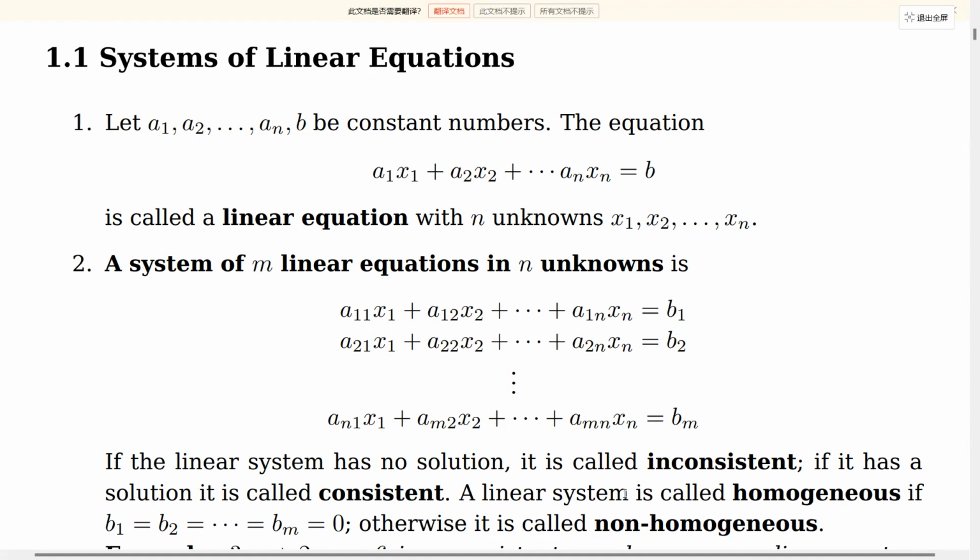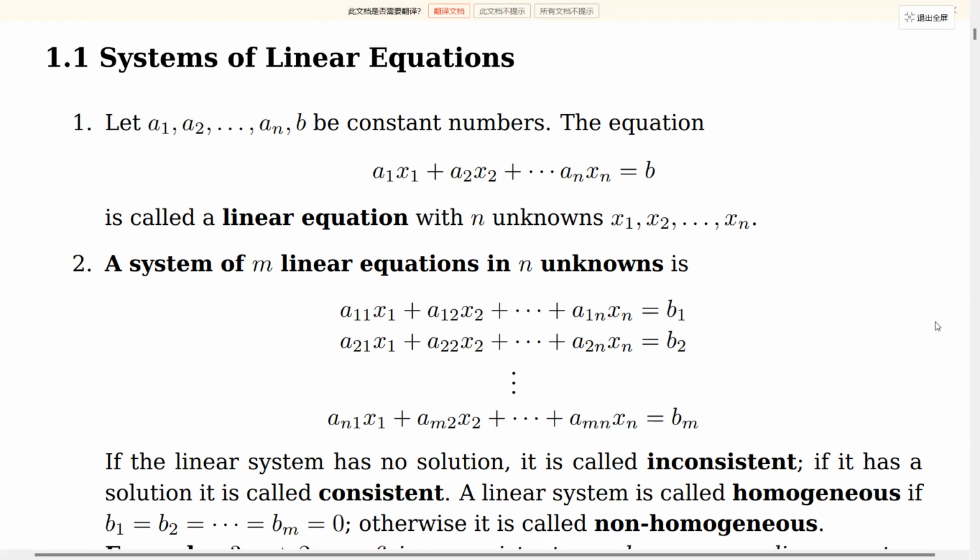And the linear system is called homogeneous if b1 equals b2 equals b3 up to bm equals 0, so everything on the right of those equations is 0. That's called homogeneous. Otherwise, it's called non-homogeneous. If any of those equations has a non-zero on the right, then it's called non-homogeneous.